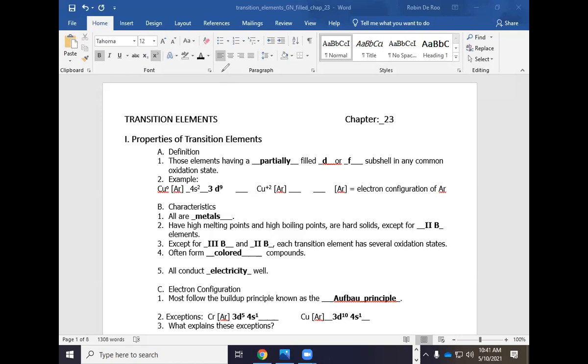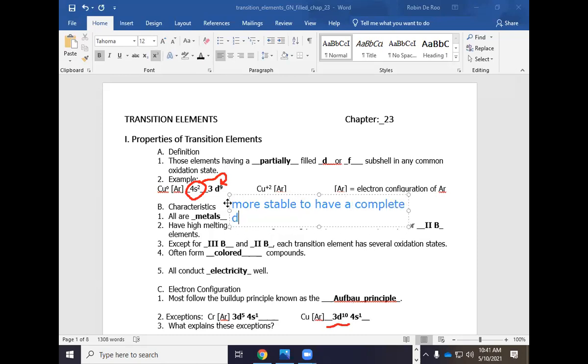So what happens is one of the electrons here in the s orbital goes into the d orbital, because then you will have a complete d orbital. It's more stable to have a complete d orbital.